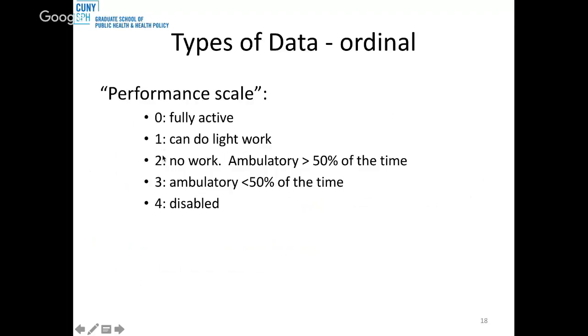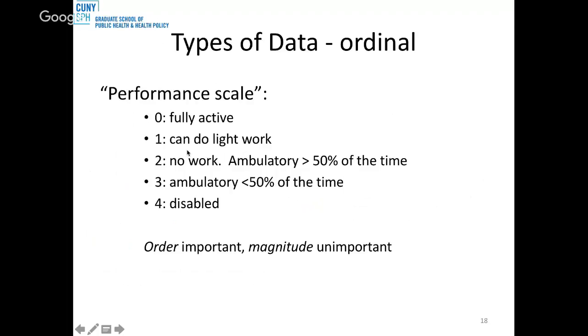So here the numbers are again arbitrary. These are not numerical things, but there is an order to them. So with ordinal data, the order is important, but the magnitude is not.